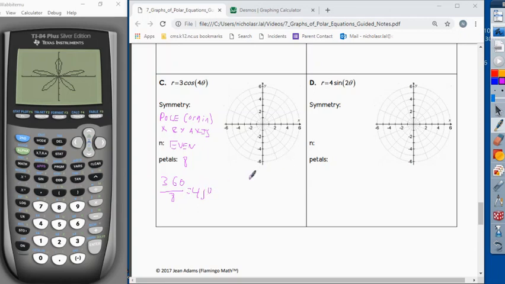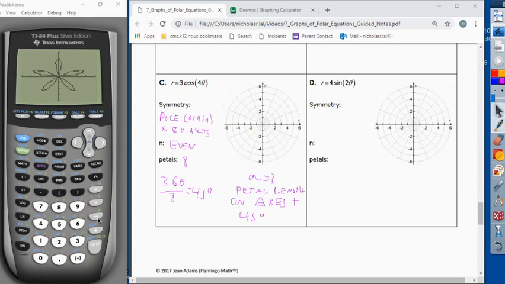And A is equal to 3, and that is our petal length. Petal length, and because we have 45 degree increments, that's going to be a petal length on all axes and at 45 degree increments.